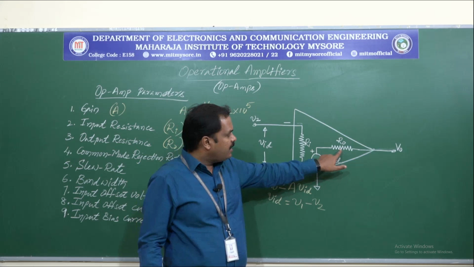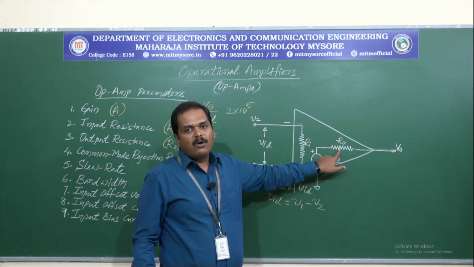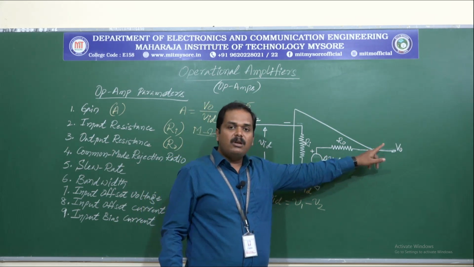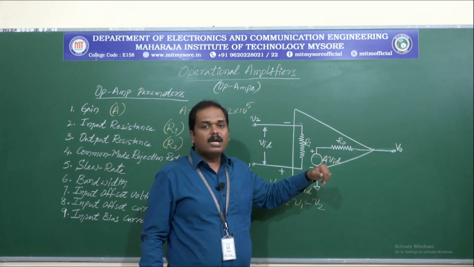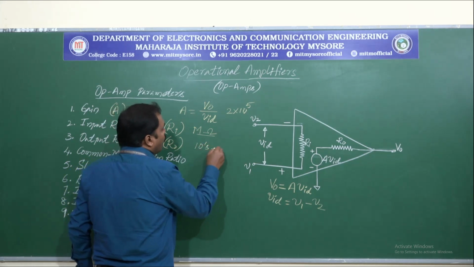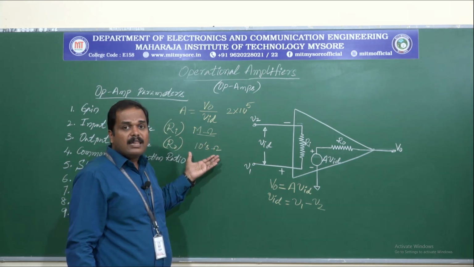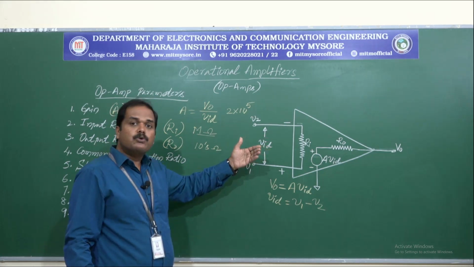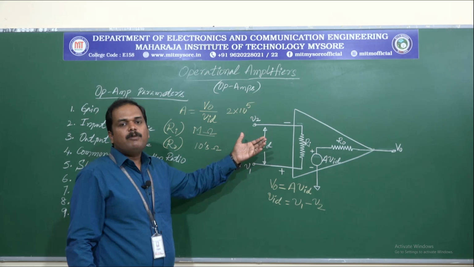So here we can see the output resistance R naught. This is the resistance measured at the output terminal V naught with respect to ground, and this will be typically in tens of ohms. This just makes sure that whatever current is required at the output terminal to drive the circuits will be provided.